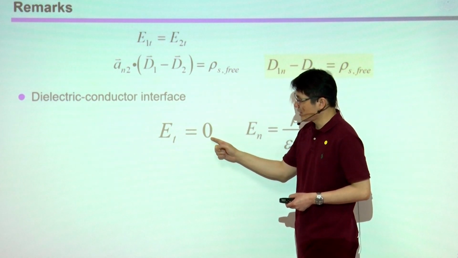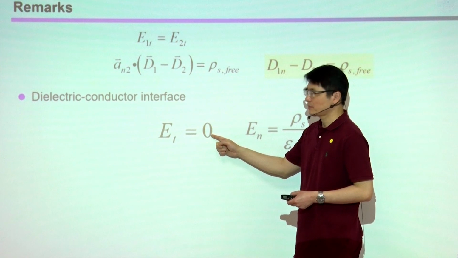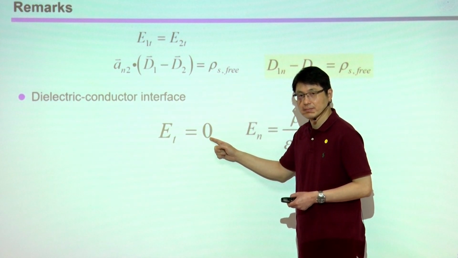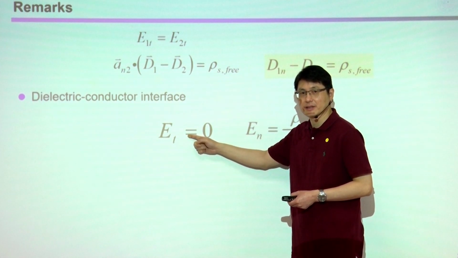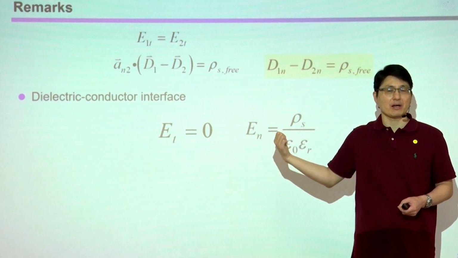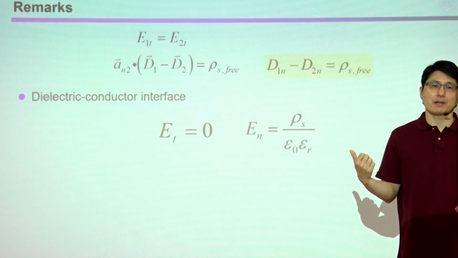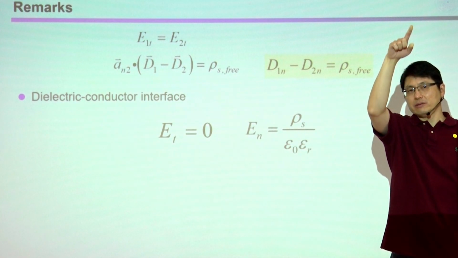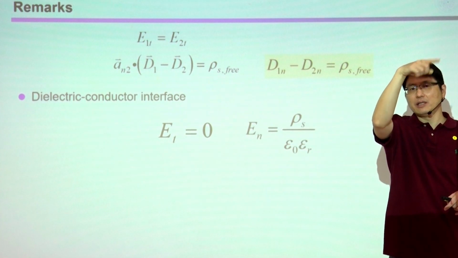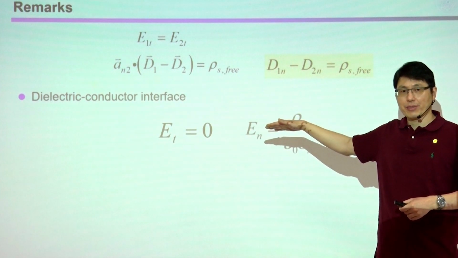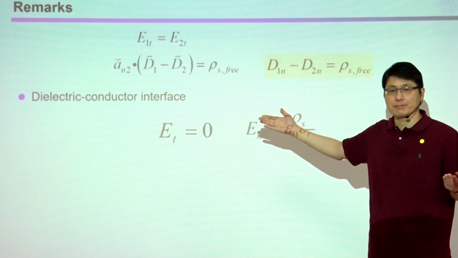So that directly tells you, well, I cannot have tangential field, even in the dielectric. You still remember? That's what we talked about, right? We talked about if I have a metal, the field can only be in a normal direction. So this again is verified through the boundary condition.